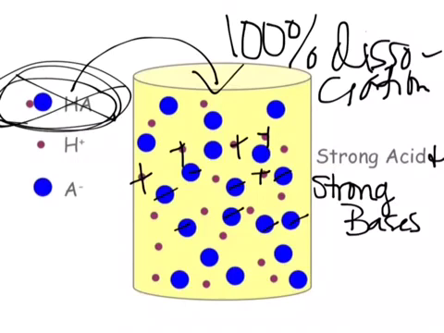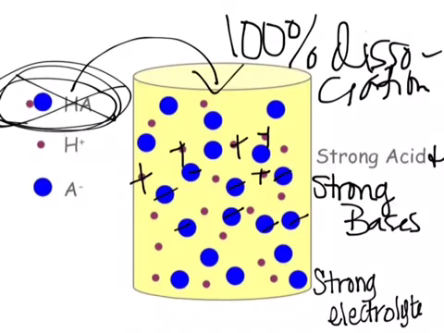Oh, electrolytes. They're positive and negatives. What are positive and negatives called? Ions. Do we have ions? Yes. Ions conduct electricity, right? So this would conduct electricity, and if I had a light bulb, it would be very bright. So this would be a strong electrolyte.